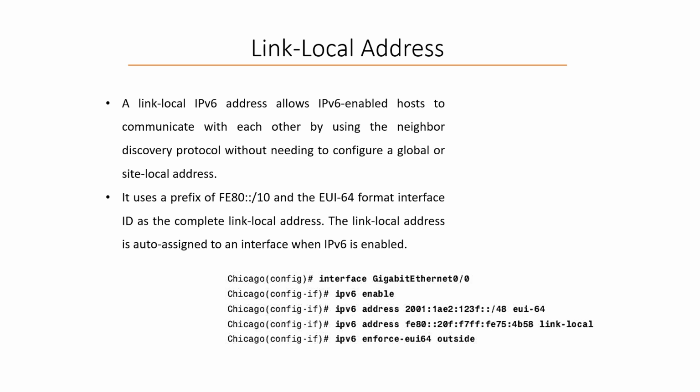It uses a prefix of FE80::/10 and the EUI-64 format interface ID as the complete address. The link local address is auto-assigned to an interface when IP version 6 is enabled. The example shows a complete IP version 6 interface configuration on the outside interface.